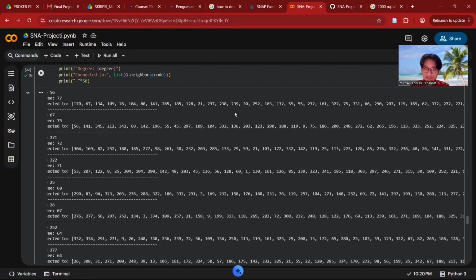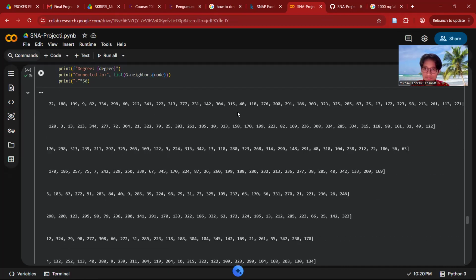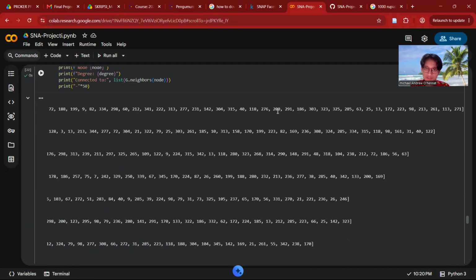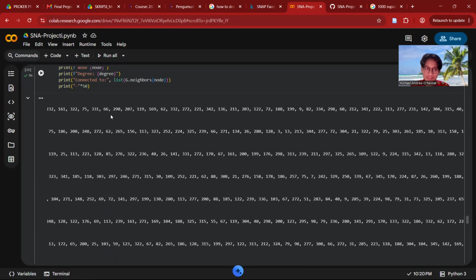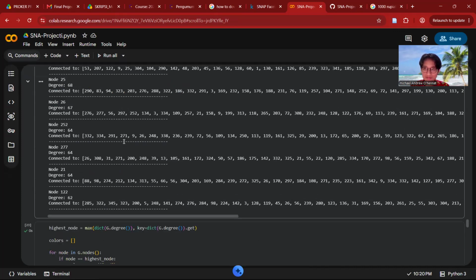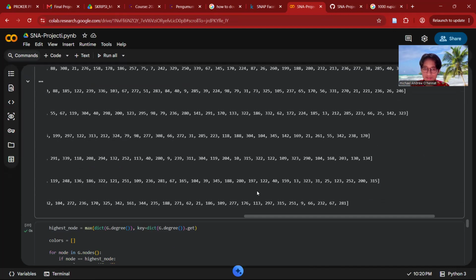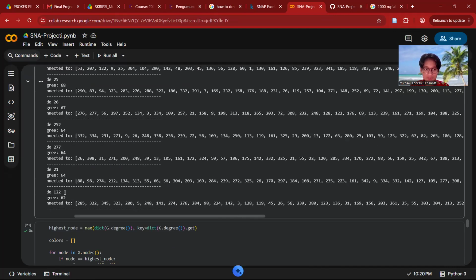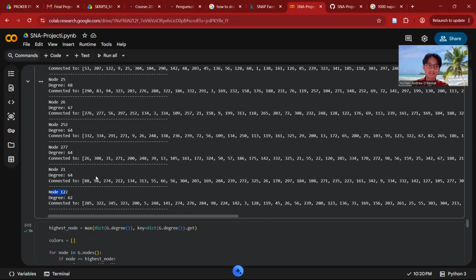All of this is the connection. From the visual, we can see the largest connection is achieved by node number 56. And the lowest is achieved by node number 122 with 72 degrees.